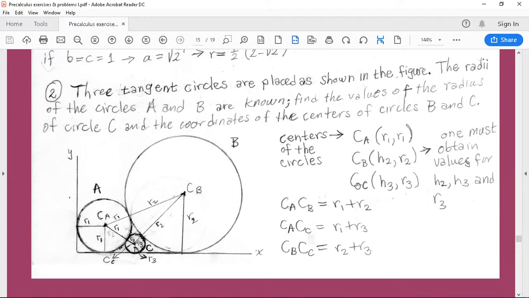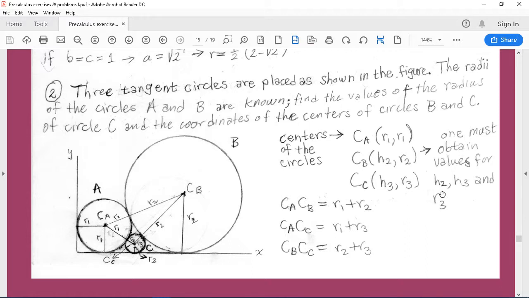The coordinates of the center CC are H3, which is unknown, and R3, which is the distance from the x-axis to CC, is unknown, since only the radii of circles A and B are known.